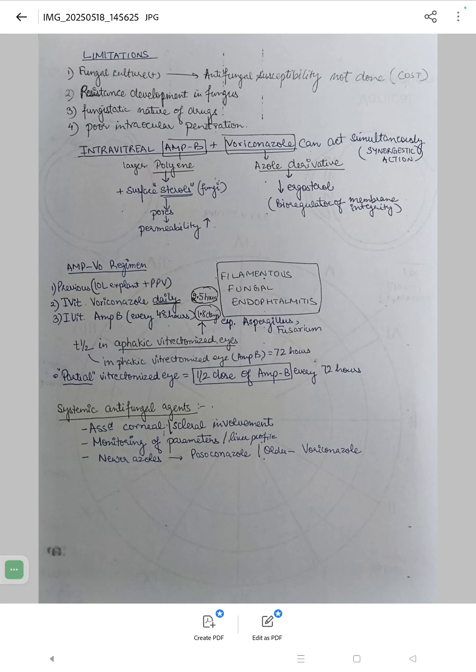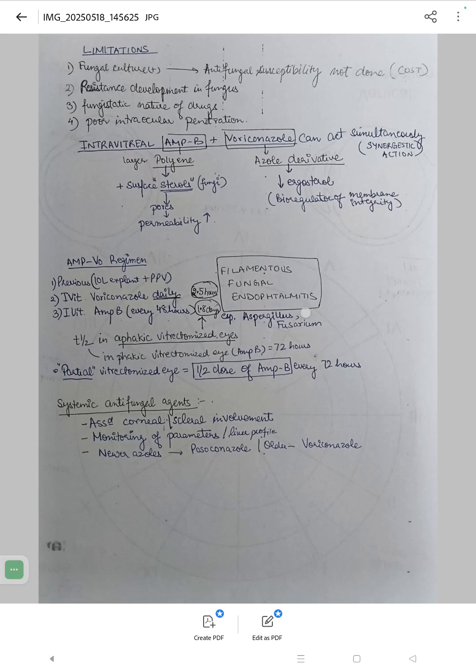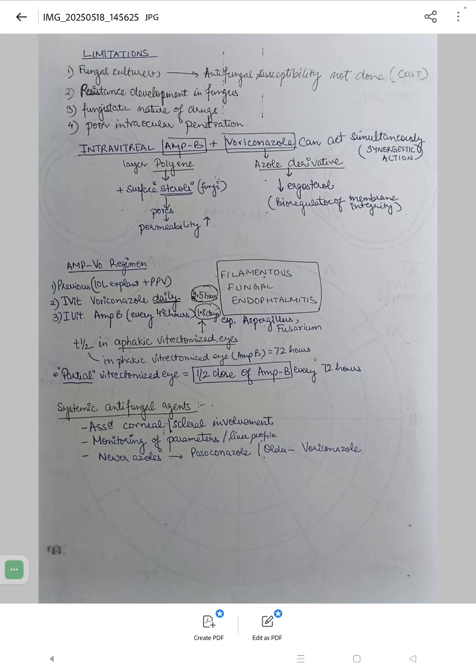Intravitreal amphotericin B is given every 48 hours, as its half-life in vitrectomized aphakic eyes is 1.8 days. In the phakic vitrectomized eye, the half-life of amphotericin B is 72 hours and it can be repeated after 3 days. What are examples of filamentous fungi? Examples are Aspergillus and Fusarium.